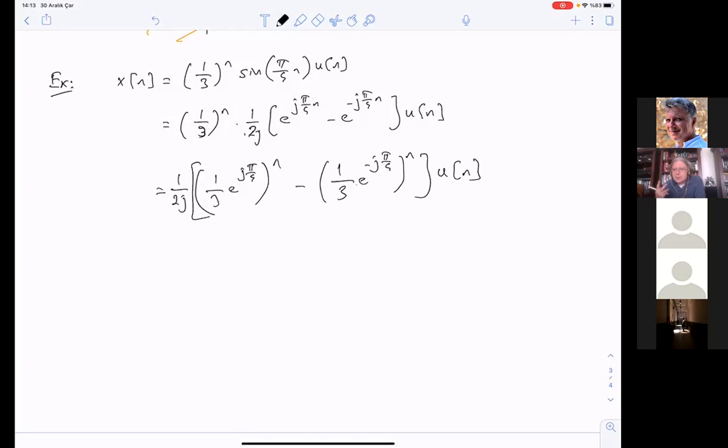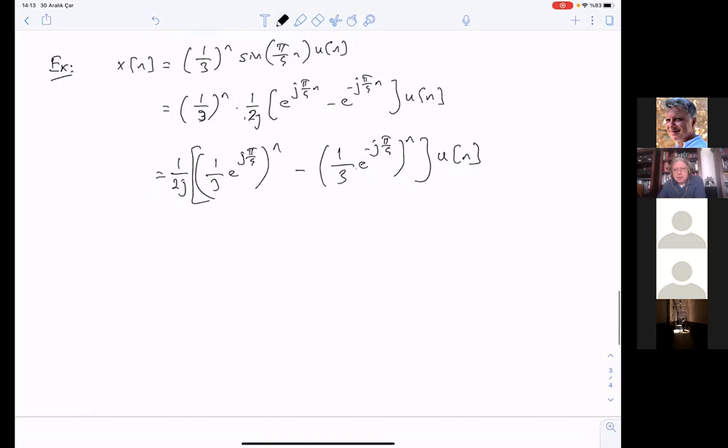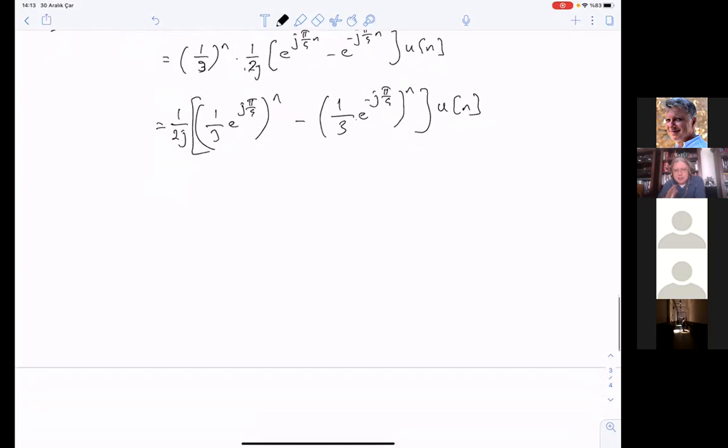And in this overall thing, we have two terms, as you see. And those two terms can be easily proceeded to the Z transform.